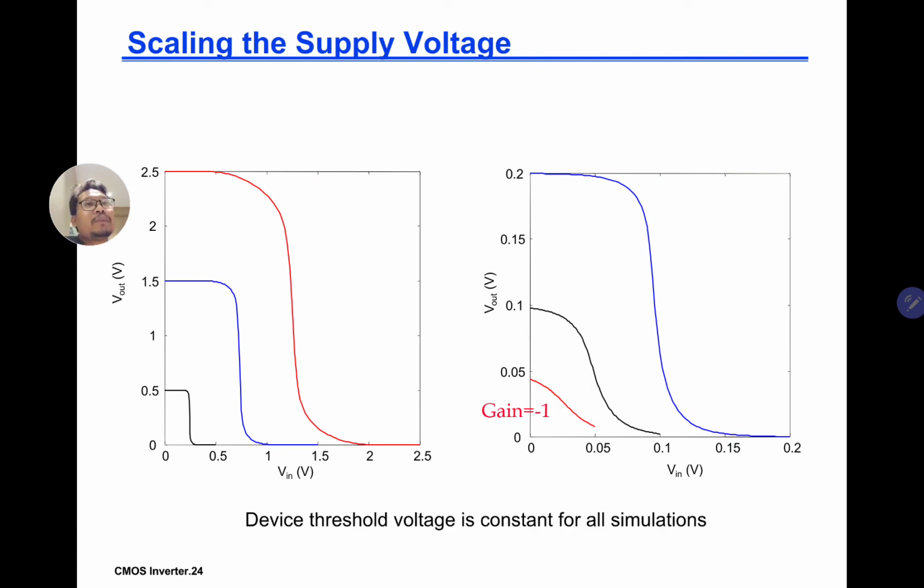And how about scaling the supply voltage? How does the inverter operation change? We can see here in the VTC that the device threshold voltage is constant: 0.4 volts, constant for the 0.25 micron process.